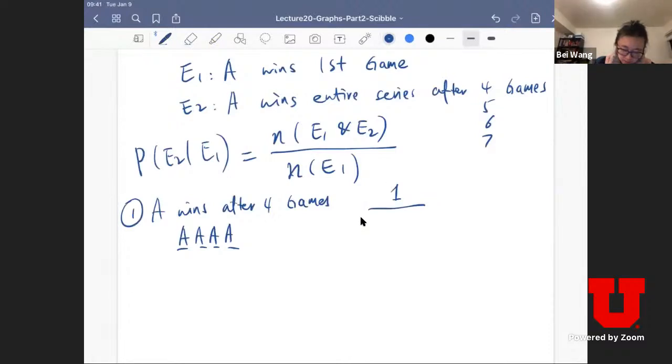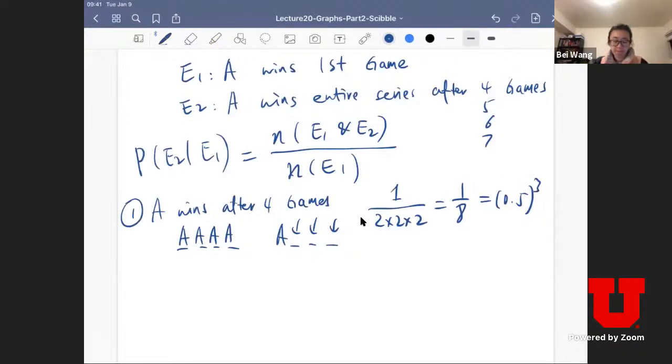And because the starting point is A wins the first game, there are 3 more slots to fill with results, which is 2 times 2 times 2, which is 1/8, which is 0.5 to the power of 3.